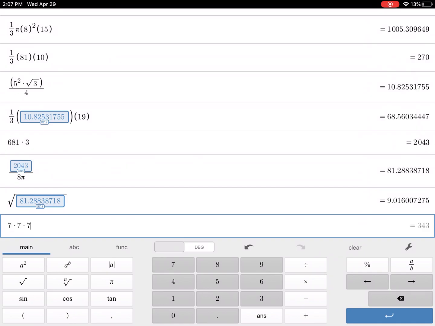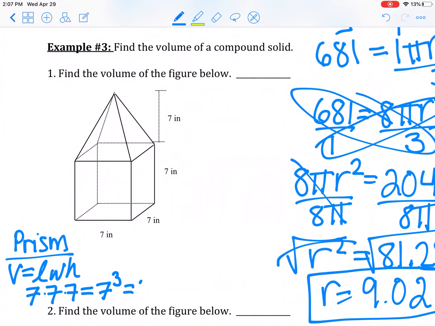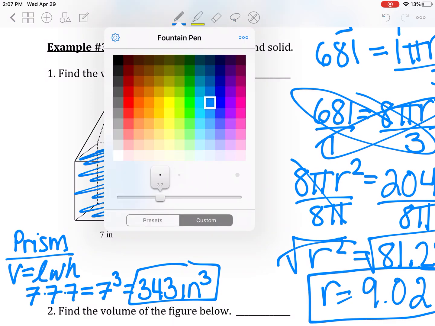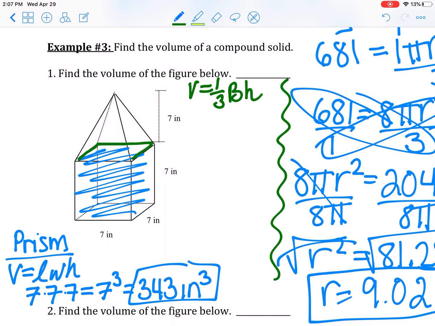7 times 7 times 7 is 343 inches cubed. So the volume of this part is 343 inches cubed. Let's switch on over to find the pyramid. And remember, the volume of that is 1/3 area of the base times the height. Well, the area of the base is still this square.